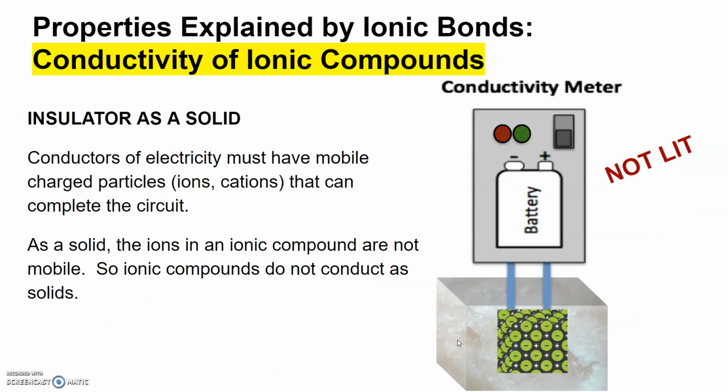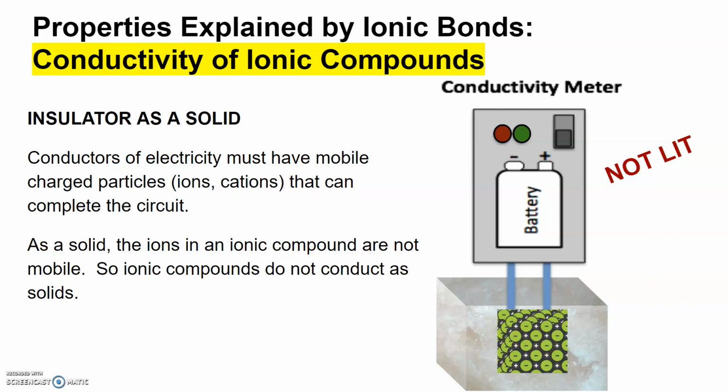All right. Next property we're going to talk about is conductivity. So as we said, ionic compounds are insulators as a solid. And the reason they're insulators as a solid is that in order for a substance to be a conductor, it has to have mobile charges, like electrons, or cations or anions. And when the ionic compound is a solid, in the lattice, those cations and anions are not moving anywhere.